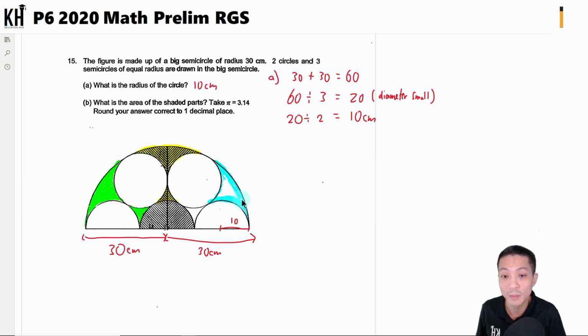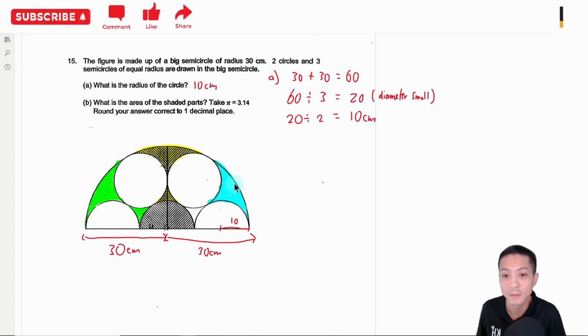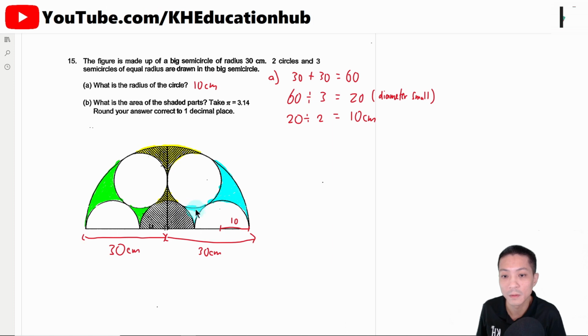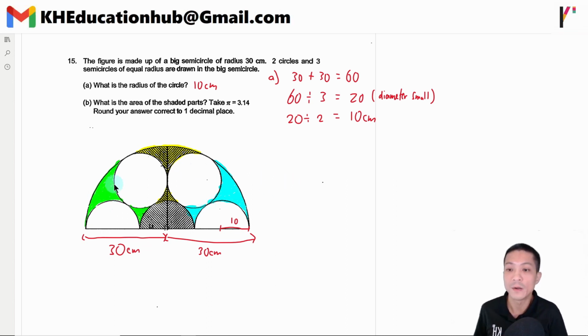Maybe I should use a thicker pen, but never mind. Then next I'm going to shade this part here. Some overlaps. So you get the idea, right? Can you see that the green shaded, the yellow shaded and the blue shaded are the same?